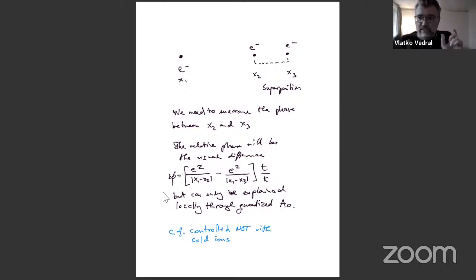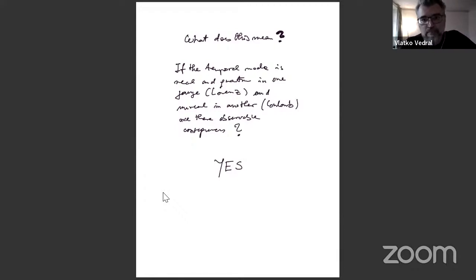And in fact, what I'm presenting to you is how we do control knot with ions as qubits. So this is already standard part. Of course, no one worries about locality and causality here, but it's a standard part of all of this. So what does this mean if you were to pick up in the Lorentz gauge? This phase is exactly a function of the degrees of freedom of this temporal gauge.